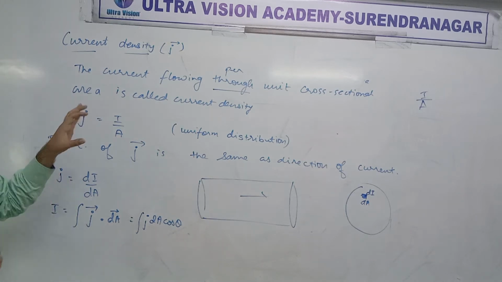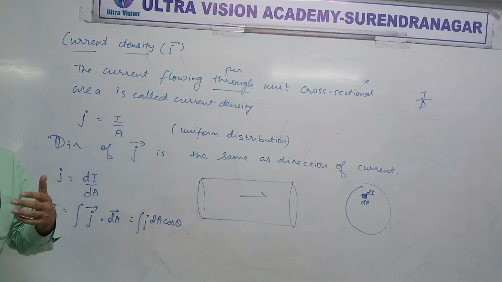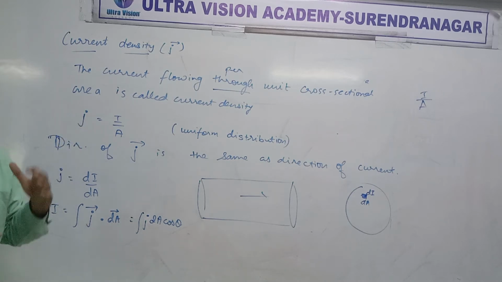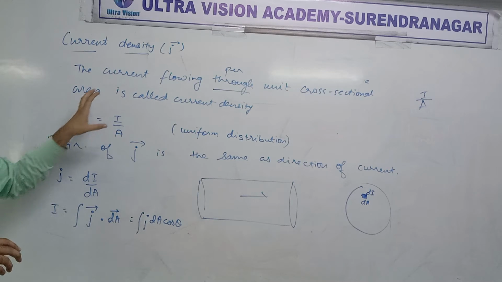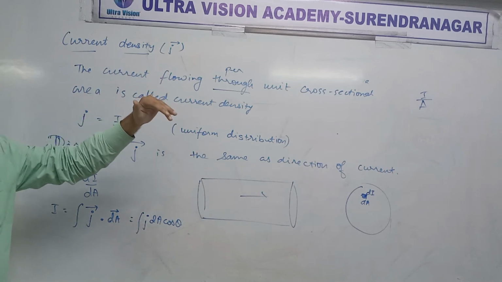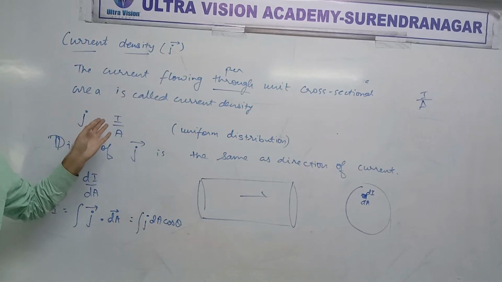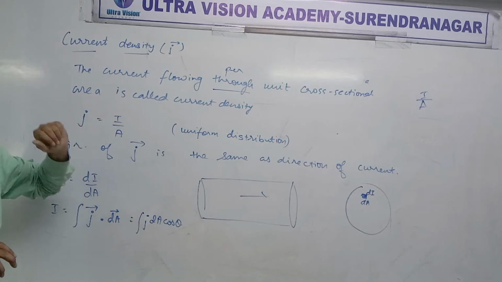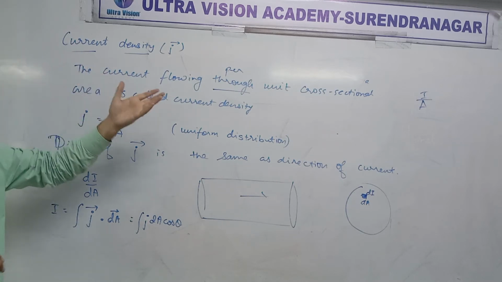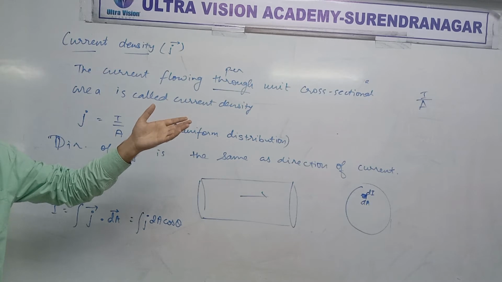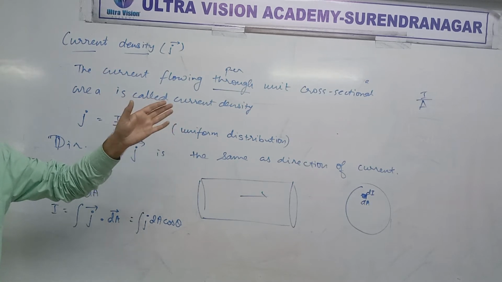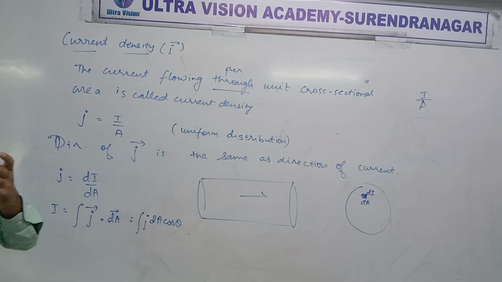Just like that, when we start talking about magnetic field and electric field and their relations, everywhere instead of getting I by A, it's better to write J. And exactly in those equations, the need is to get a vector over there. You'll get some taste of it in the next chapter.